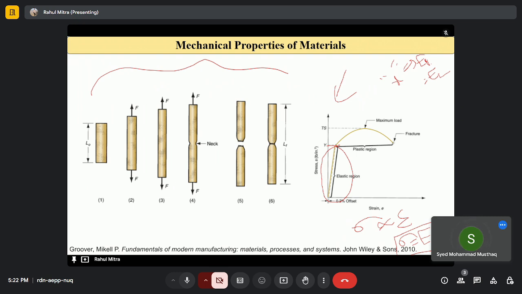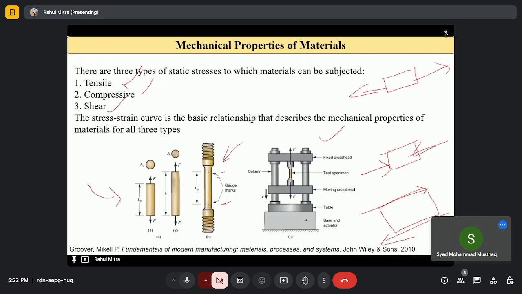Again, as I said before, there are three types of static stresses. One is tensile stresses, which tend to stretch the material. Another is compressive stresses, which tend to squeeze it. Shear stresses tend to cause adjacent portions of the material to slide against each other.